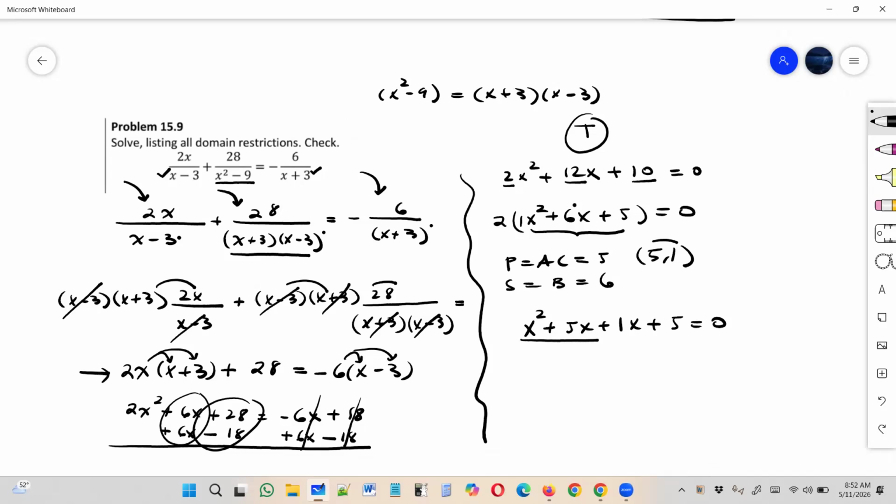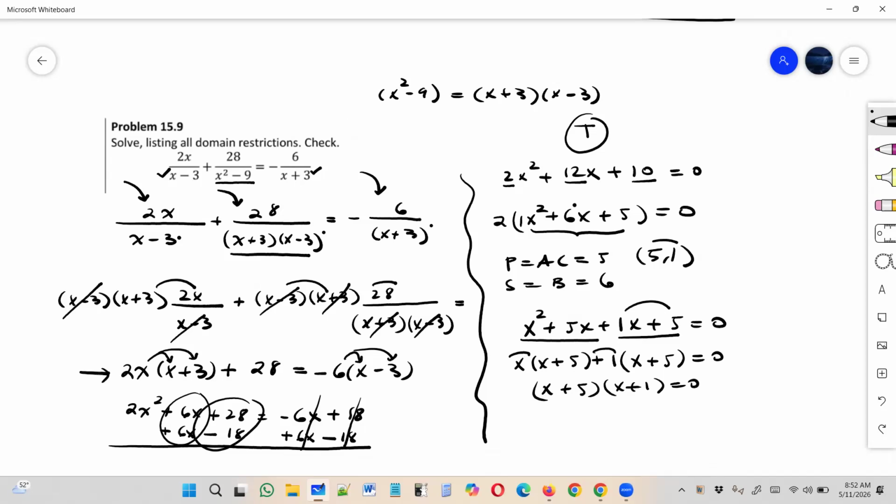And I'm going to factor by grouping now. Already covered grouping before. They have nothing in common other than a 1. So 1. X plus 5 is a common factor. Okay.